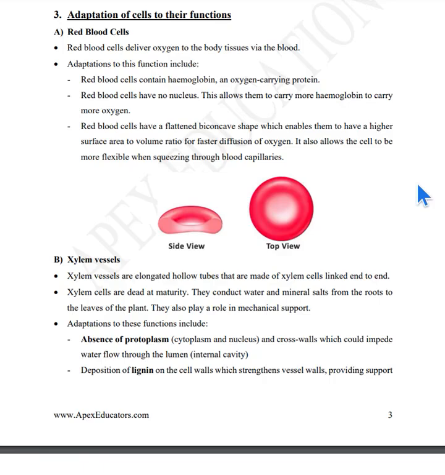For no nucleus, it has more space to allow hemoglobin to carry more oxygen. You also need to tell me that it has a flattened biconcave shape, which gives a higher surface area to volume ratio, for faster diffusion of oxygen.